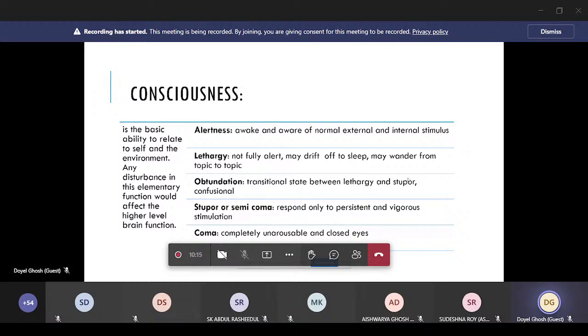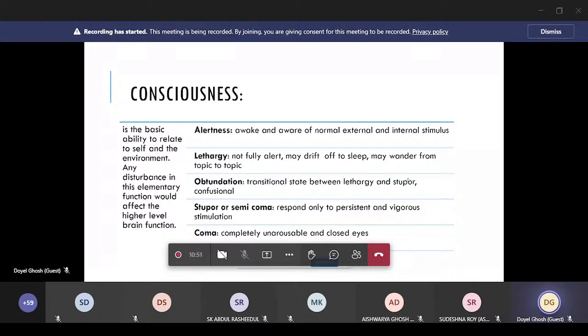And in the latter parts, obtundation, stuporous state or coma, it's obvious that we cannot do the mental status examination. What is a stuporous state? There can be many types of stupors: catatonic stupor, manic stupor, depressive stupor, dissociative stupor. So we have to assess if the person is conscious and alert.